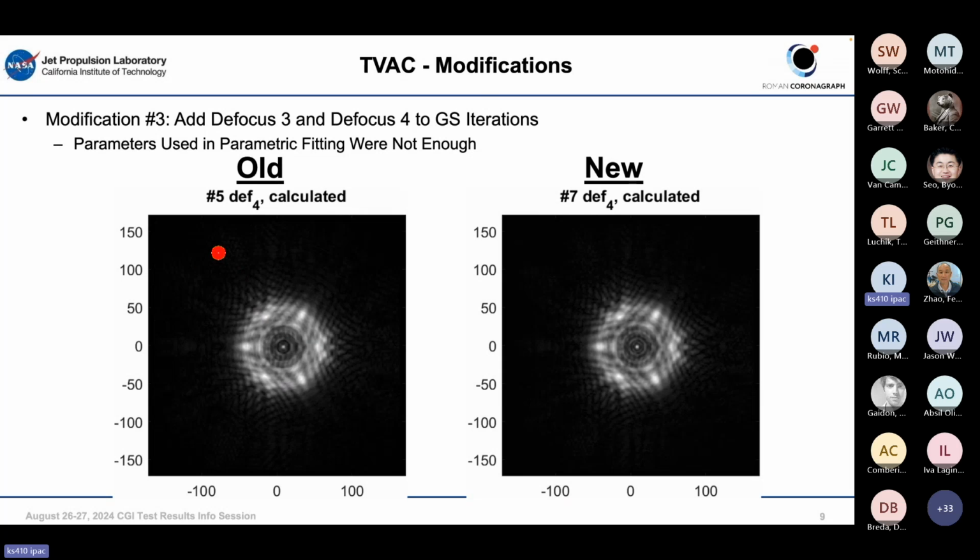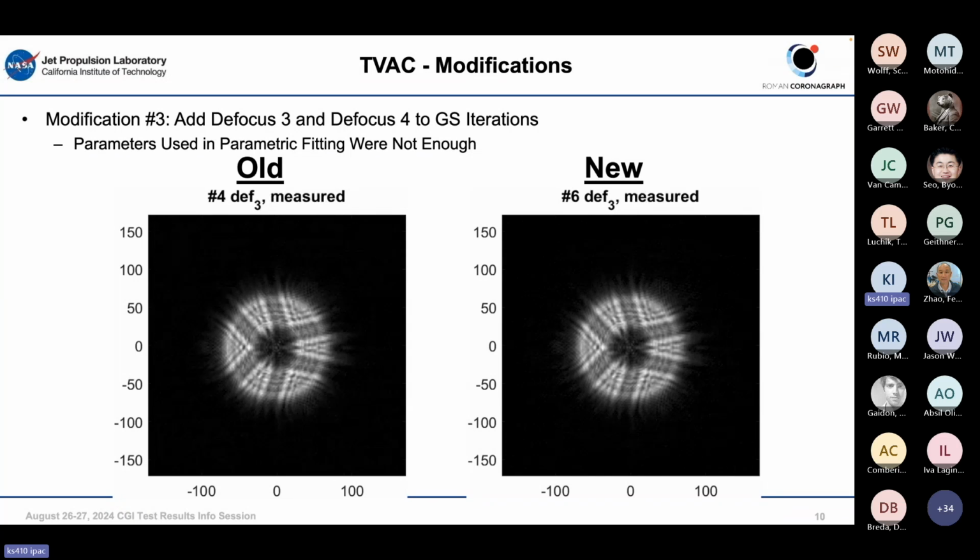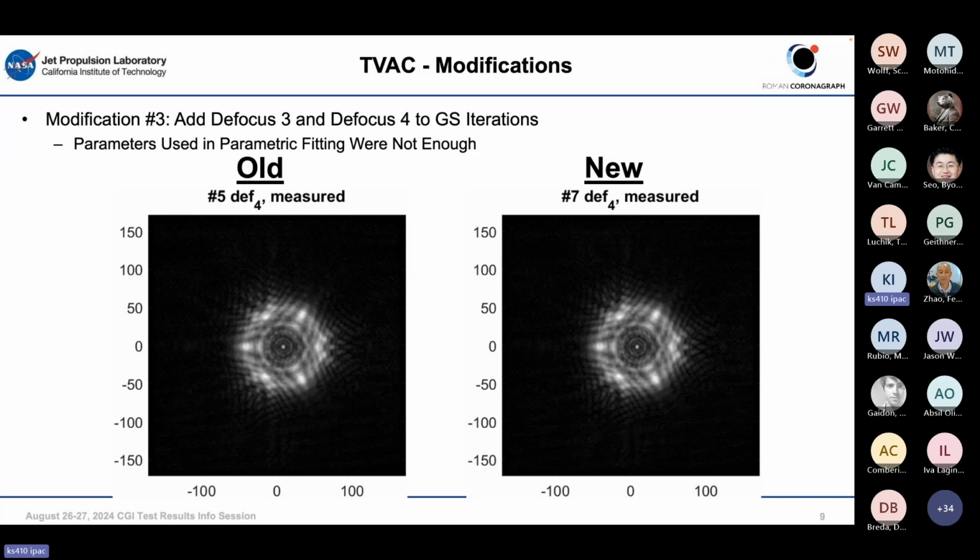And so to solve that: defocus 4 and defocus 3 were used in the parametric fitting, but not in the Gerchberg-Saxton iterations. So what we did was we included them in both. By including the defocus 3 and 4 images in both the Gerchberg-Saxton iterations as well as the parametric fitting, we get much better matching.